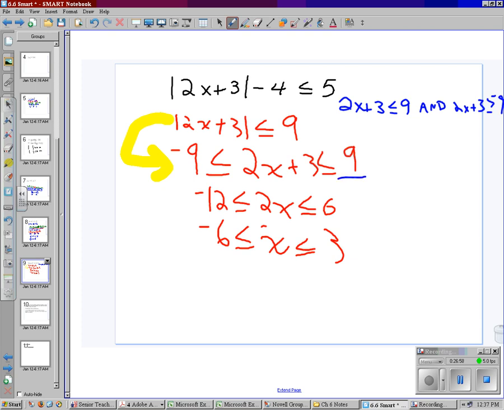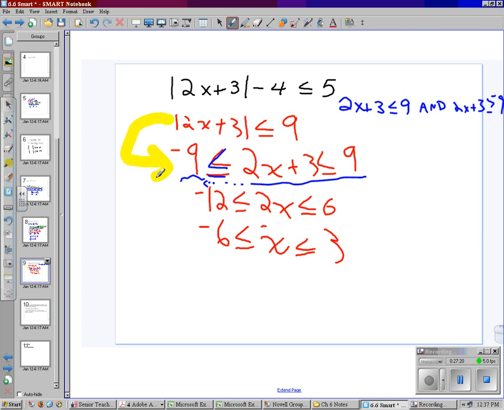Nick wrote it here right away. Notice this is that first one, that addition one, and then he put the negative 9 over here, and notice how the symbol looks. It looks like the same thing, doesn't it? But when we read it backwards, it's really flipped around with that negative. And then he can go through and solve it as a compound inequality.